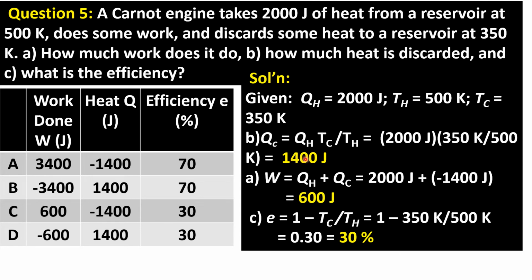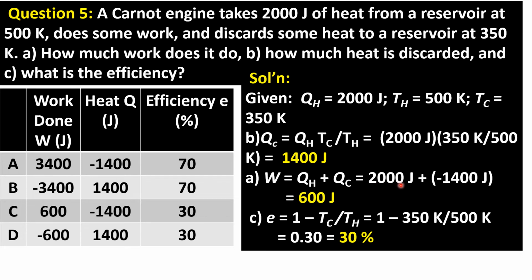Now that we know the value of QC, we can proceed determining the work done, W, which is simply the sum of QH plus QC, where QH is known to be 2000 joules, and then we add that value of QC, already emphasizing that it is negative.